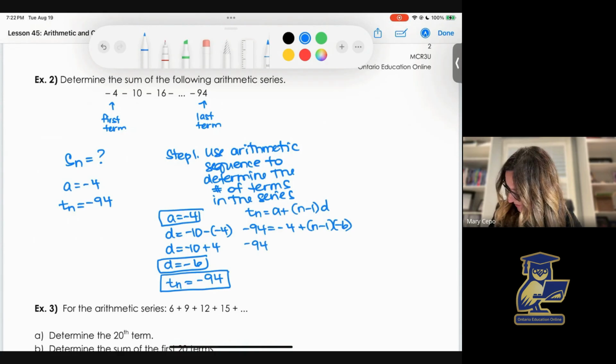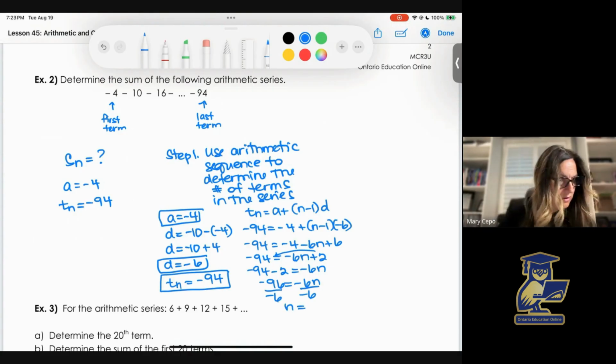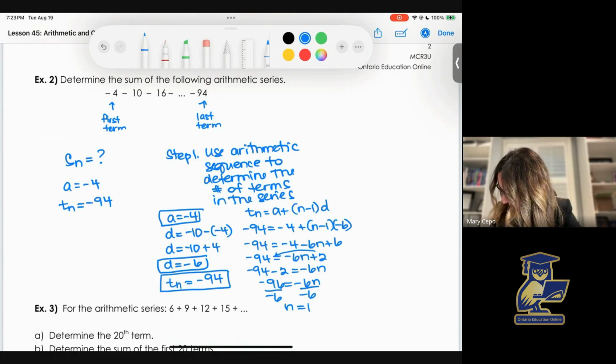Simplifying, we're going to expand that, -94 is equal to -6n plus 2. Bringing that over, -96 is equal to -6n. Dividing both sides by -6, we know n is equal to 16.